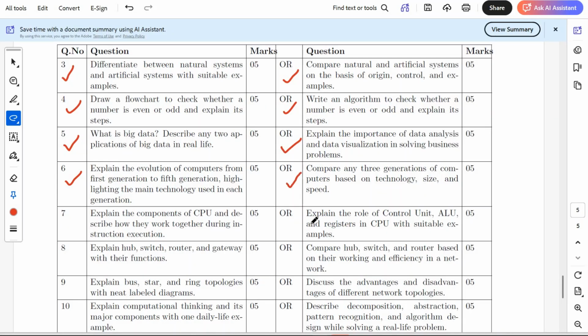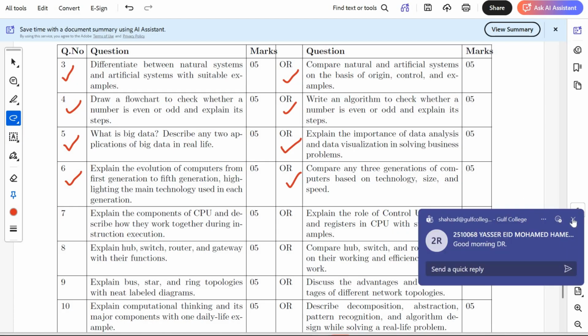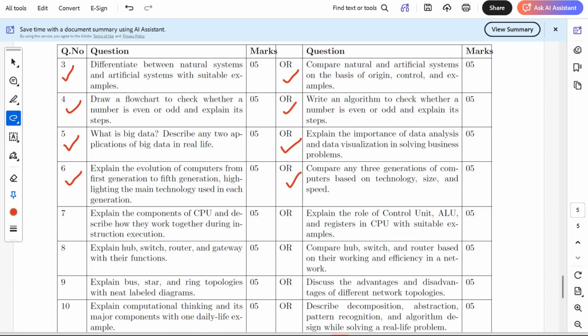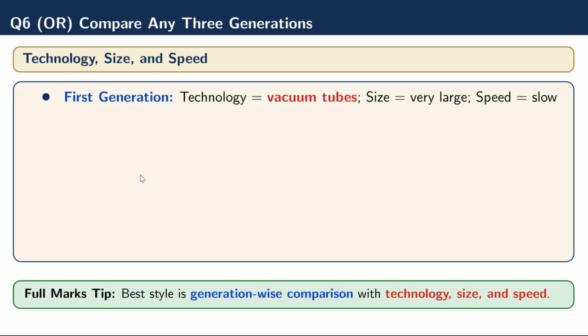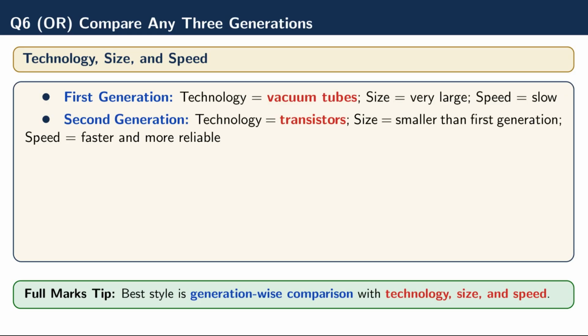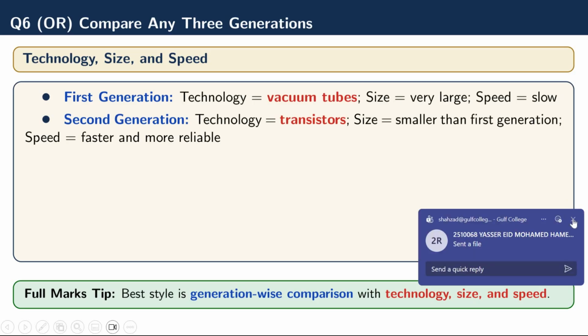Or option is compare any three generations of computers based on technology, size, and speed. First generation technology is vacuum tube, size is very large, and speed is slow. Second generation computer technology is transistor, size is smaller than first generation, speed faster and more reliable.